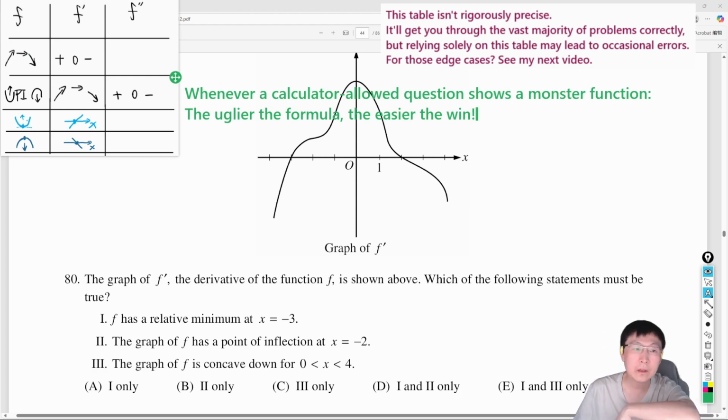Why? Because a sophisticated function means no computation required at all, since the exam gives you only 2 to 3 minutes for each question. So knowing the formula means knowing the graph.